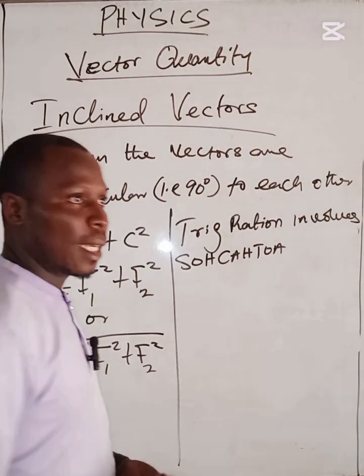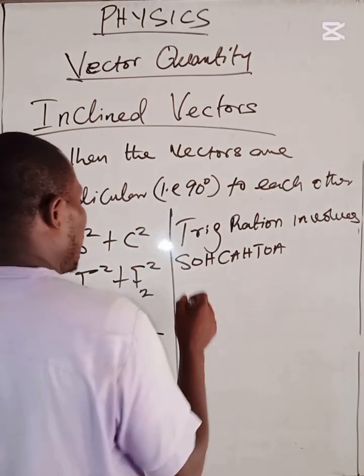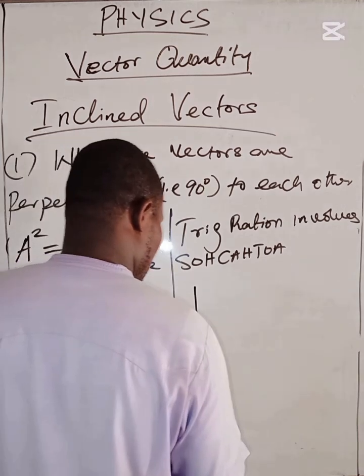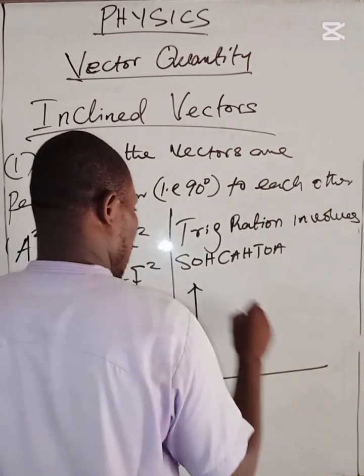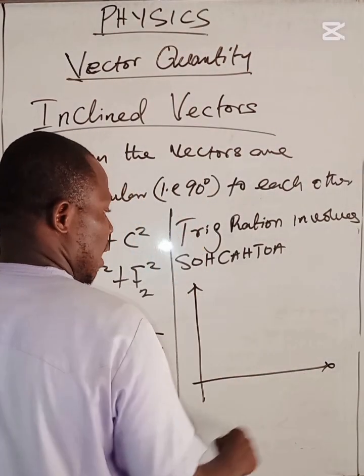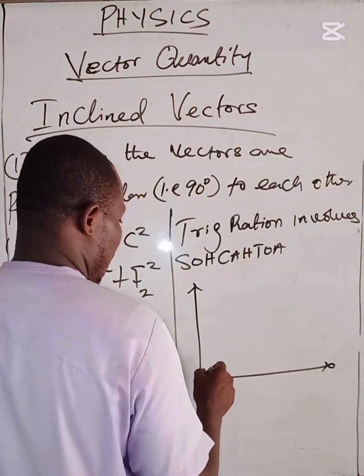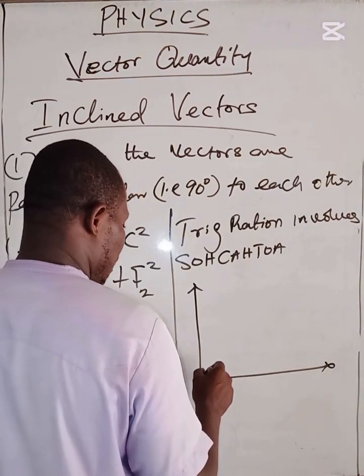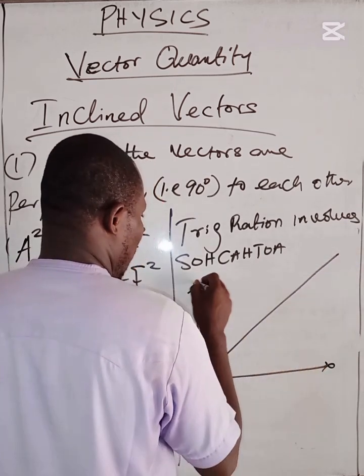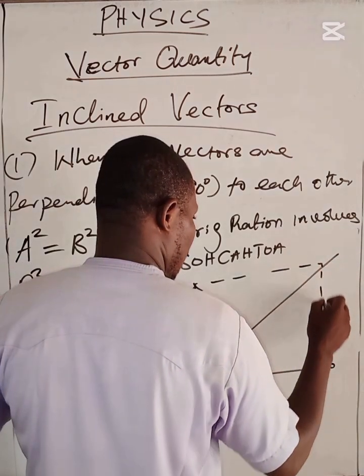So we are going to take an example now. For example, if we have two vectors inclined perpendicular to each other, this one is moving north and this one is moving east. All right? Now, here, their resultant is going to come from their common point of intersection.